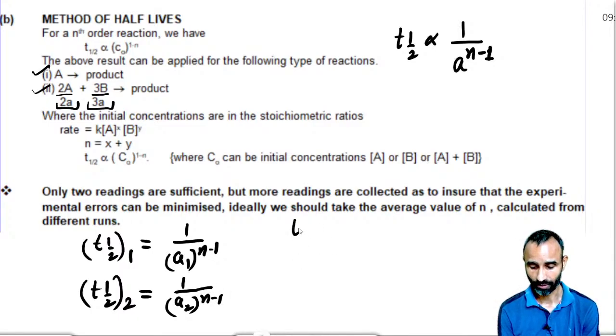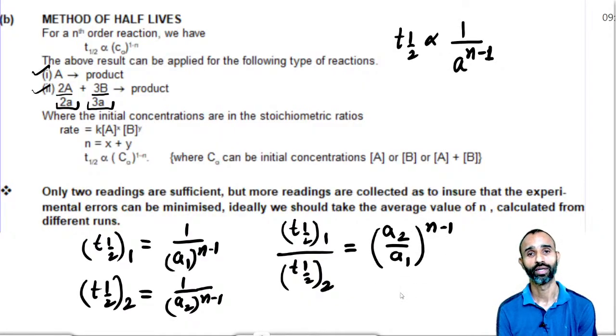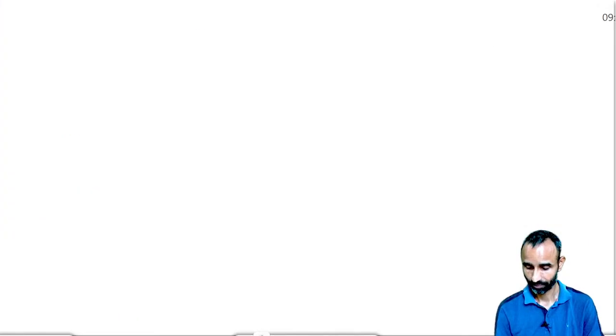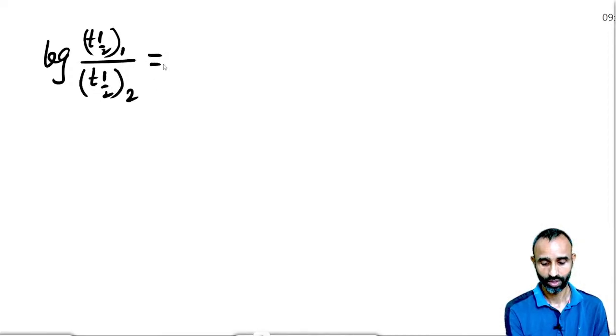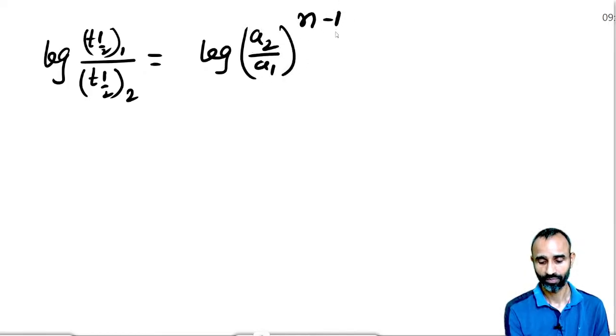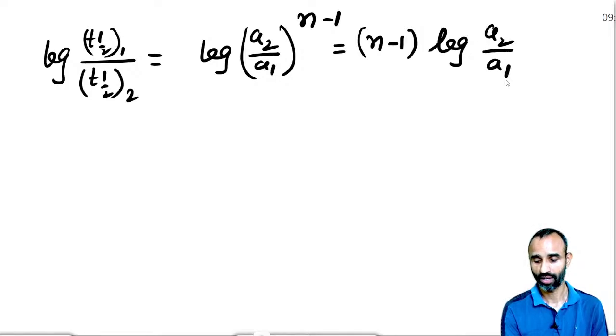So from here t half 1 upon t half 2 is equal to A2 by A1 raised to power n minus 1, and taking log on both sides, log of t half 1 by t half 2 equals log of (A2 by A1) raised to power n minus 1, and that implies it is (n minus 1) into log of A2 by A1.